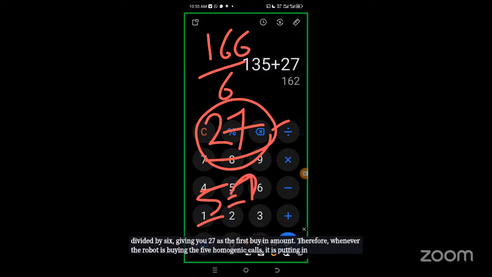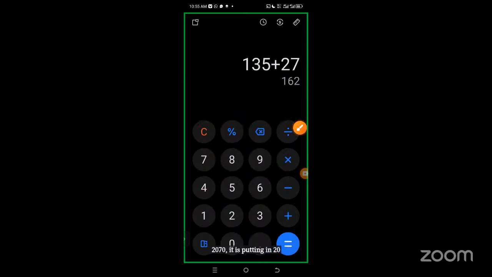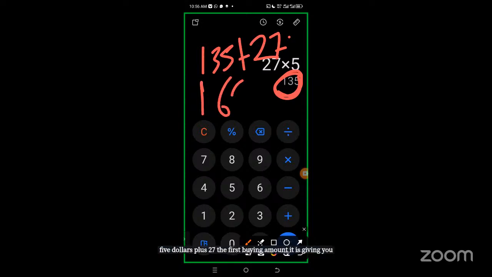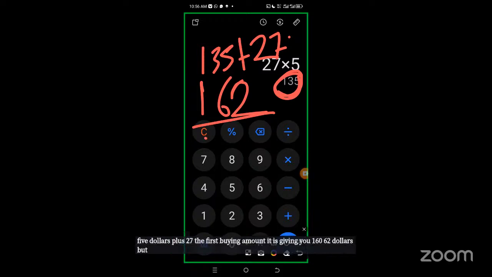It is putting in $27, which is 27 times 5, giving you 135. $135 plus 27, the first buying amount, gives you $162. But the aim was to invest $166 in each coin.